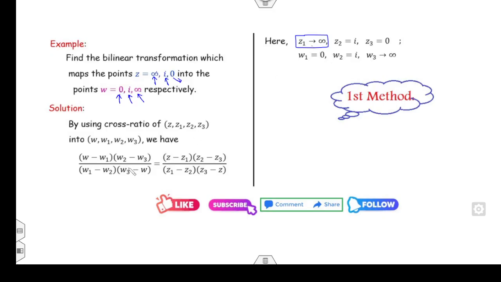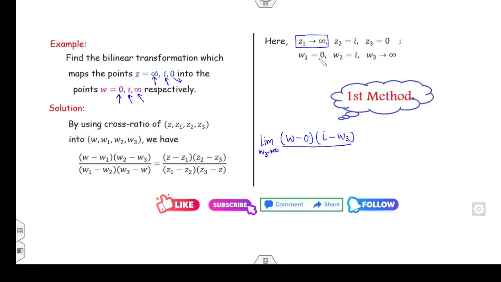Now I can substitute all the values in the given equation. So it will be W minus W1, W2 minus W3. I can take the limit as W3 approaches infinity.